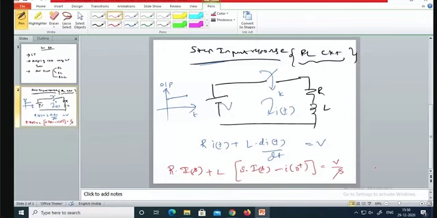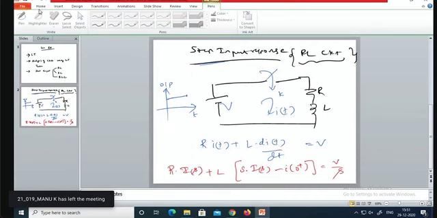This is the expression, and assuming zero initial conditions, making i(0+) as 0, you can then simplify for I(s).